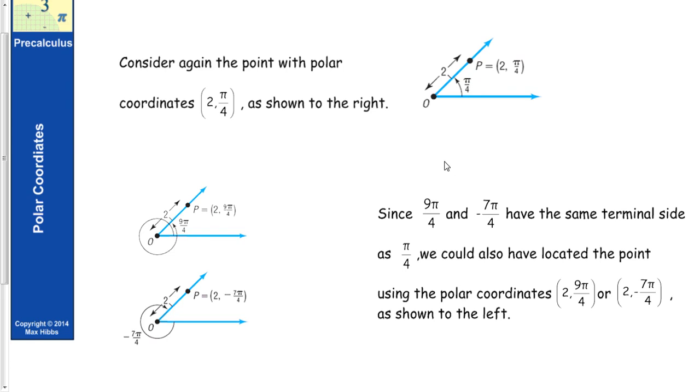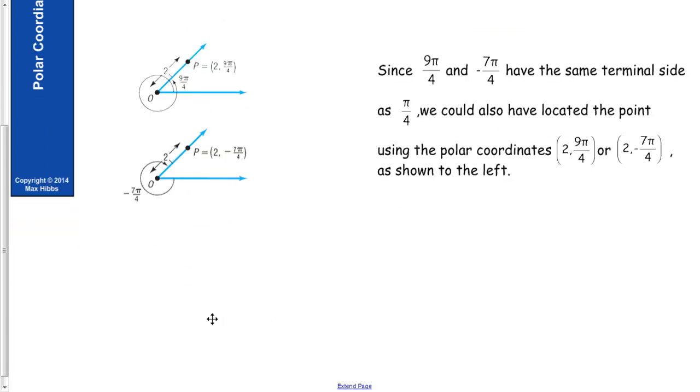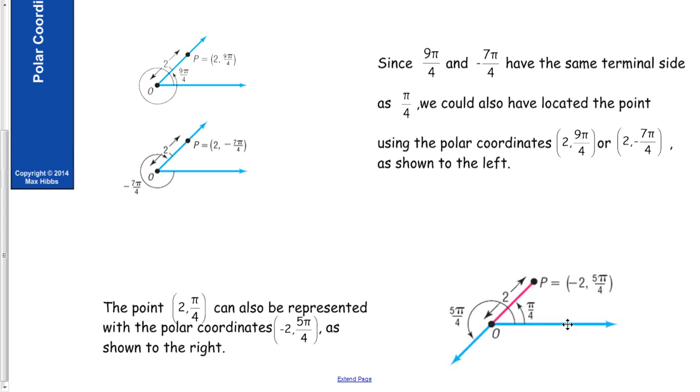We could go around 2 whole revolutions, okay, and then pi over 4. So there's all kinds of things that we could do here. In fact, we could even represent the point with a negative 2 r value, okay? And the way we would do that is that we would measure an angle that was going to be in the opposite direction of the original terminal side that we had.